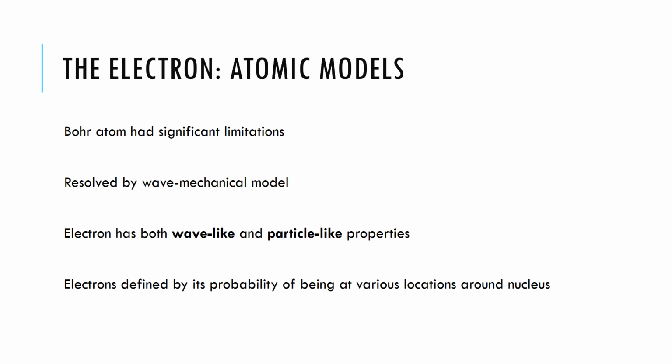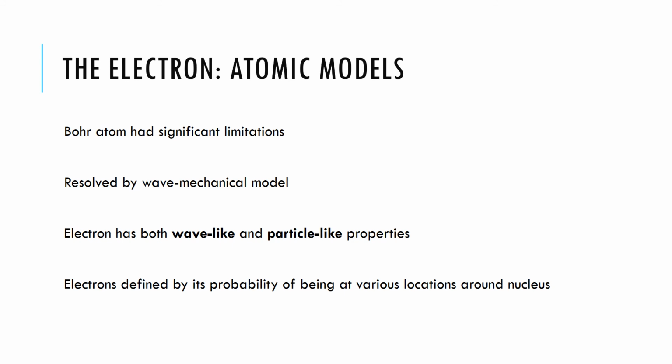Now, the Bohr atom had significant limitations, and it was resolved by the update to the model, if you like, which was the wave mechanical model, which is where we now treat an electron as both wave-like and particle-like. It has properties of both. And instead of saying that these electrons are definitely within these finite orbits, we describe an electron by a probability function.